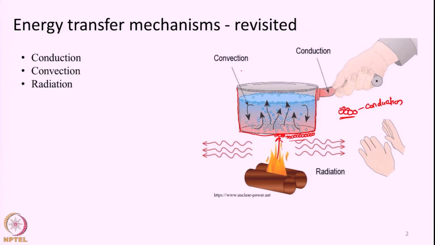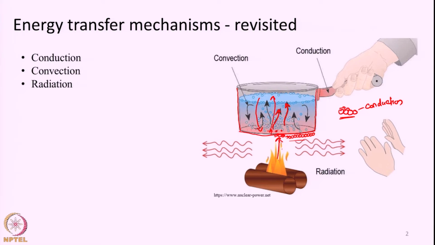Next is convection. Convection is the process of heat transfer through physical motion of molecules in the medium. After heating up the vessel, the heat energy will move towards the water molecules. The water molecules near the bottom of the vessel will first get heated up, and as they get heated up, they will start moving towards the upper surface, and cold water from the upper surface will move towards the bottom.